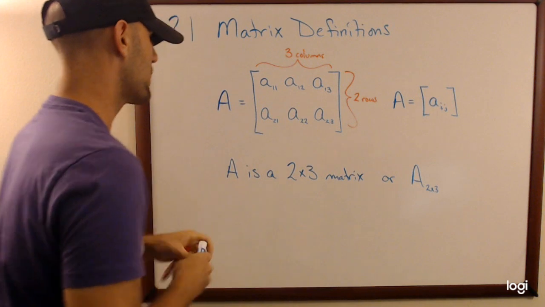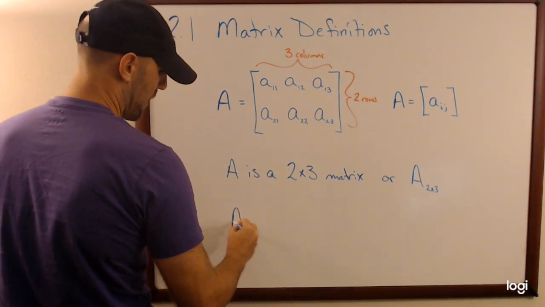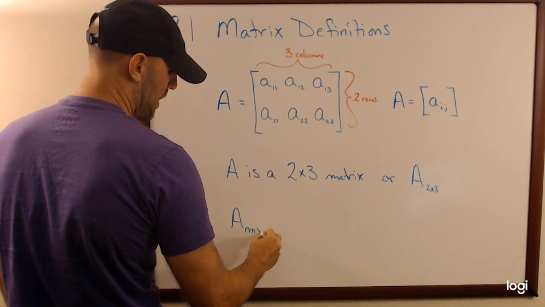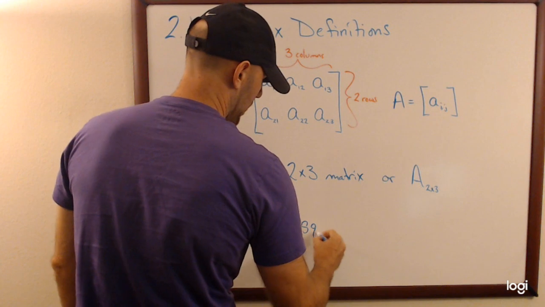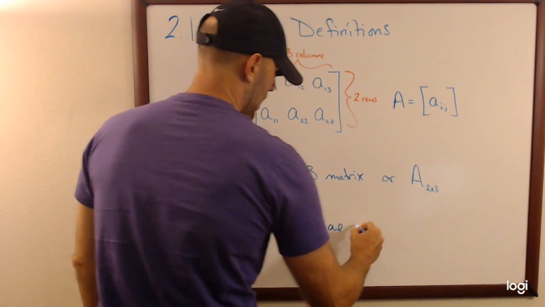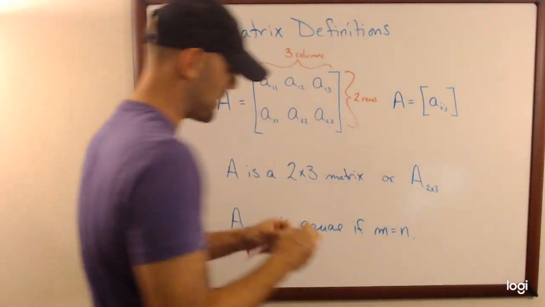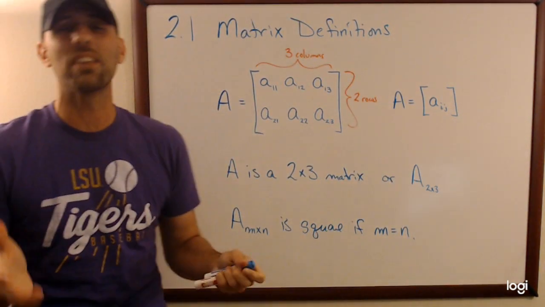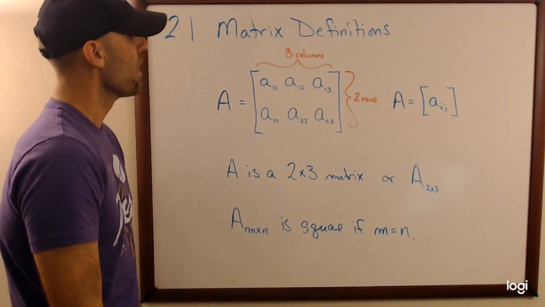So the formal definition would be A, which is an M by N matrix, is square if M equals N. So if it has the same number of rows and columns. And that makes sense, because it's going to make a square. It's perfectly reasonable.